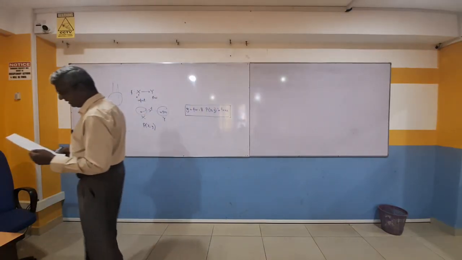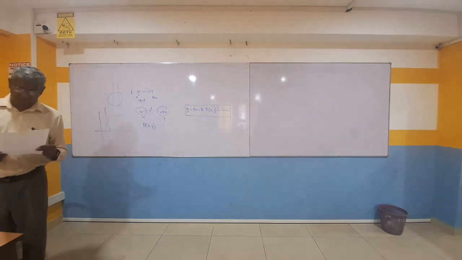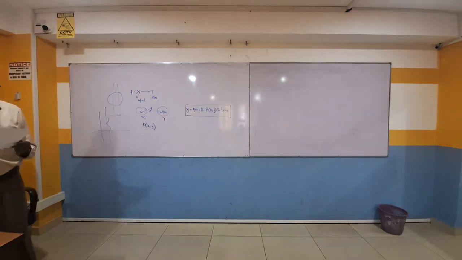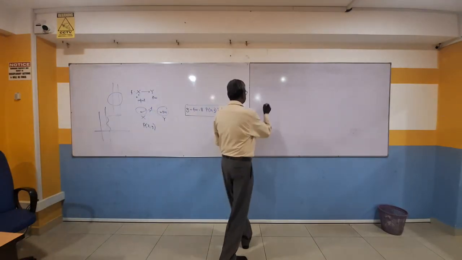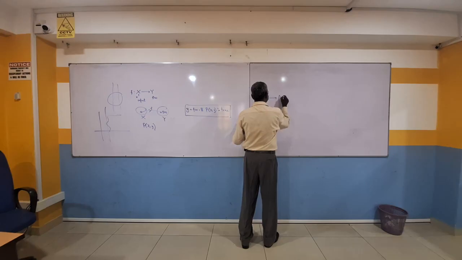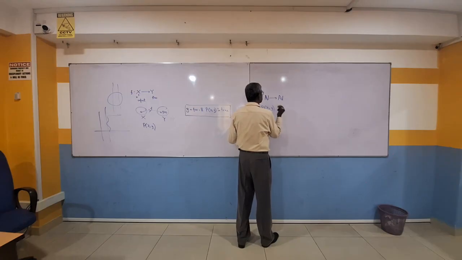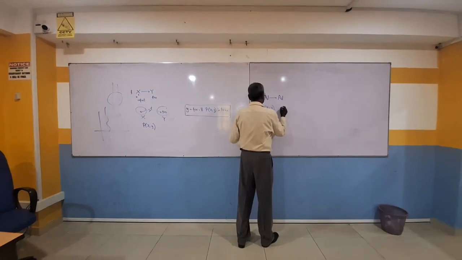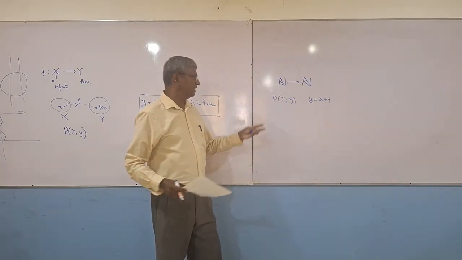Example: let X equal N, Y equal N, and let P(x,y) be the property that y equals x plus plus. You have N here, N here, and your P(x,y) is y equals x plus plus. This is a relation between x and y.